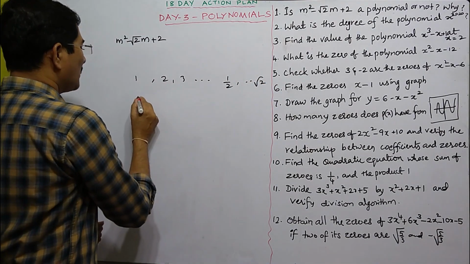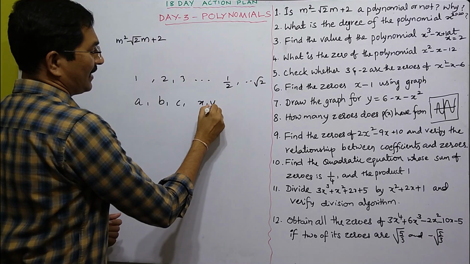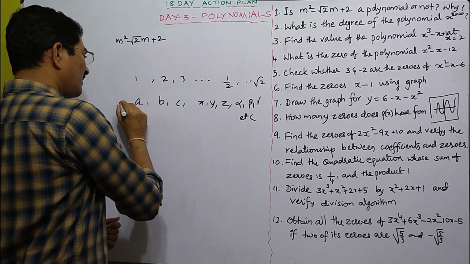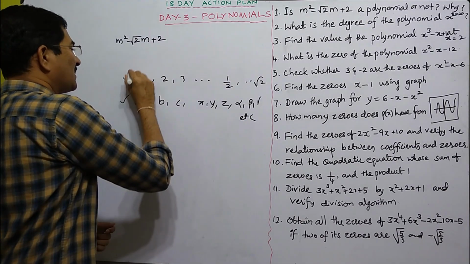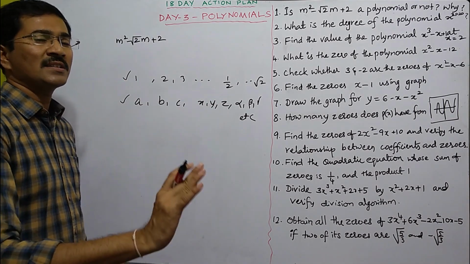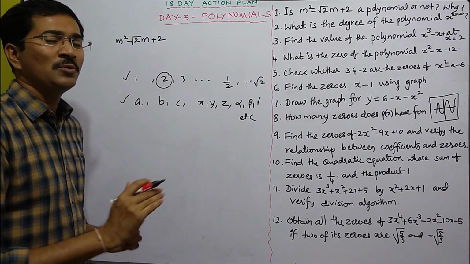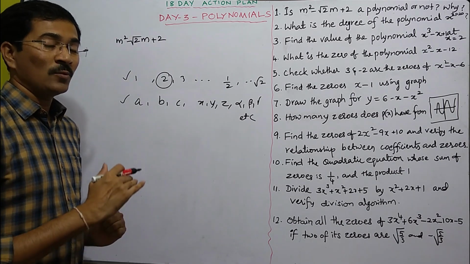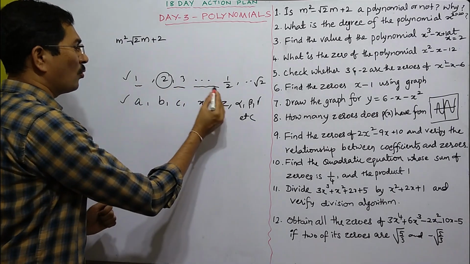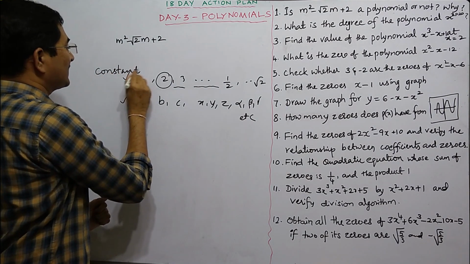We also make use of alphabet borrowed from some languages like English or Greek or anything: alpha, beta, gamma, etc. The numbers we use have their values constant in any problem, any situation. 2 is always 2, no matter which problem you take, who takes the problem, and where they take the problem. So these have the same value wherever they go. These are called constants because their values remain constant.